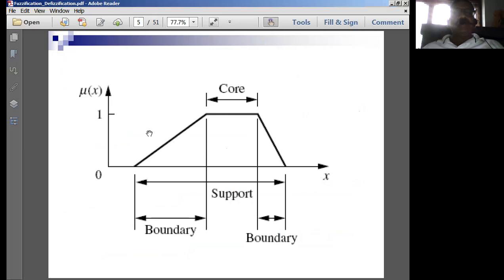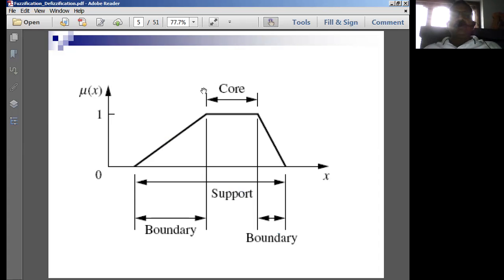The belongingness is normally understood by using the membership function represented by mu of x. Here the presence of a value in a fuzzy set is based on the features of the membership function.